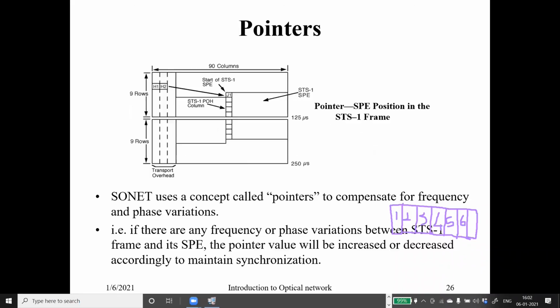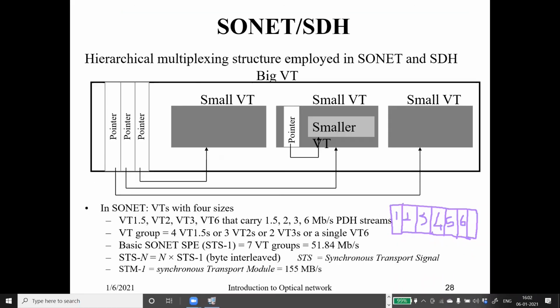The second case is when your data size is less than 51.84, to have an optimum utilization of the whole frame, you break it into 7 virtual tributaries, and in each virtual tributary you can have the small size data that can be placed in groups consisting of either 4 VT1.5 or 3 VT2 or 2 VT3 or a single VT6.